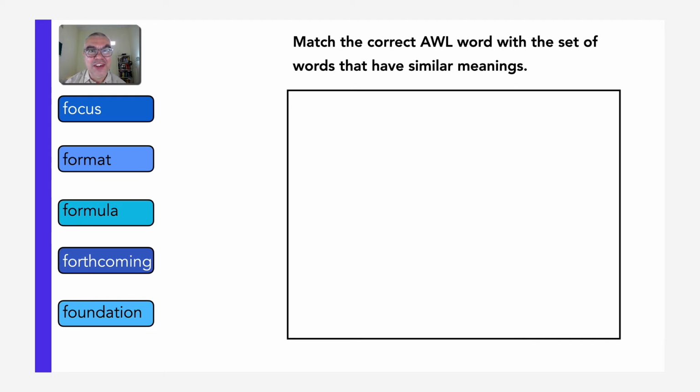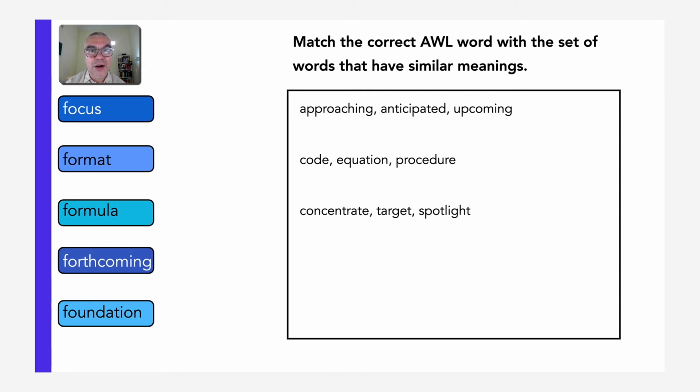And for this exercise, I'd like you to match these AWL words with the ones that have similar meaning. First set of words is approaching, anticipated, upcoming, code, equation, procedure, concentrate, target, spotlight, bedrock, infrastructure, base, composition, setup, arrangement.